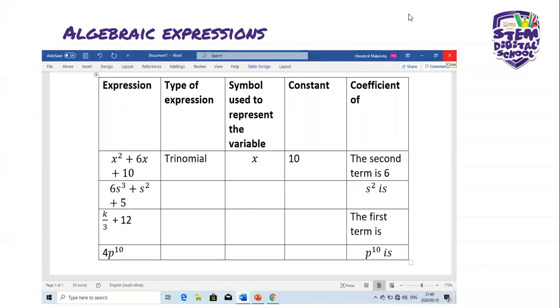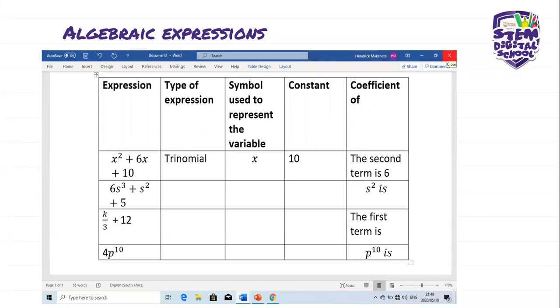So it is a trinomial because it has 3 terms. Exactly. It is a trinomial because it has 3 terms. So there are 3 terms, and so the first term is 6s cubed plus s squared plus 5. So there are 3 terms. What is the symbol that is used there in the expression? S. The symbol is S.